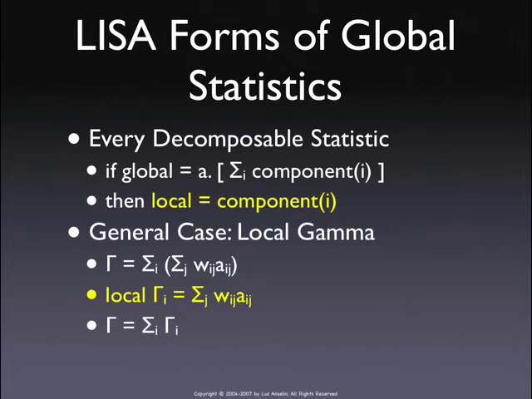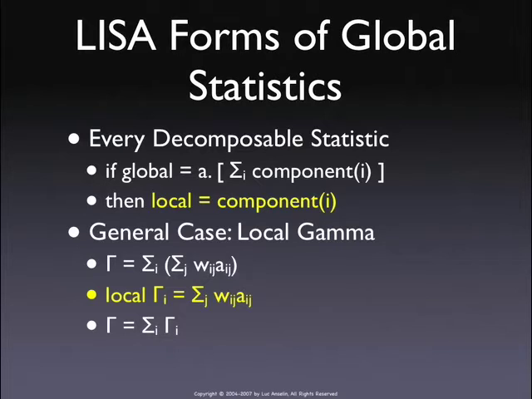So then we simply call the local statistic gamma sub i, one for each location, which is the weighted sum, or the average, of the neighboring locations using a specific attribute similarity measure. And then we have our connection between the global and the local.